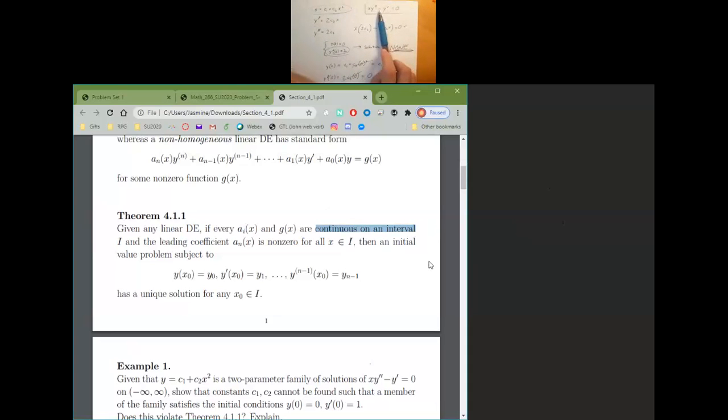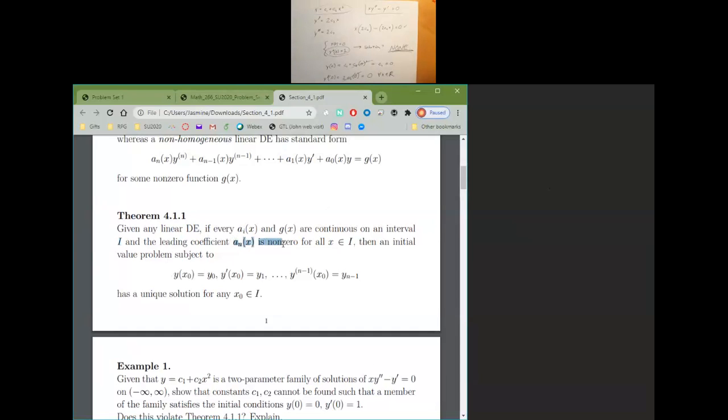This one is -1, which is constant. The y here, the 0th derivative's coefficient, or a sub naught, is equal to 0, but that's okay. That's still continuous, and g of x is equal to 0, so that's good. So this condition is totally met on I equal to the entire reals, right? All of these are continuous on the whole real line.